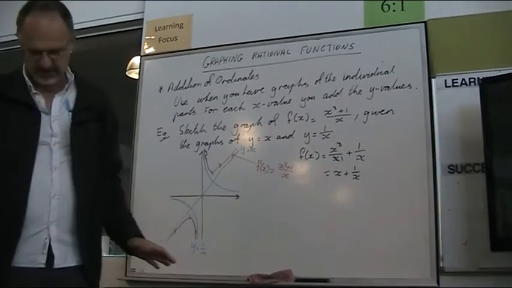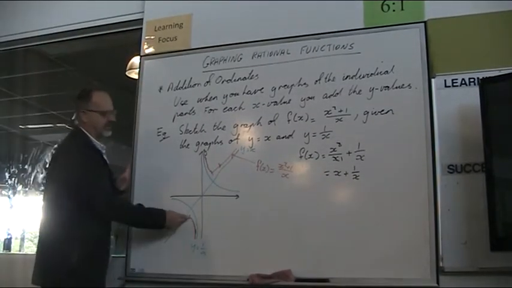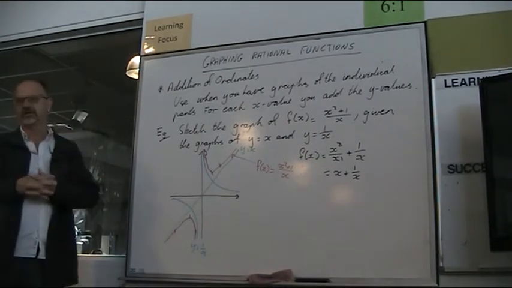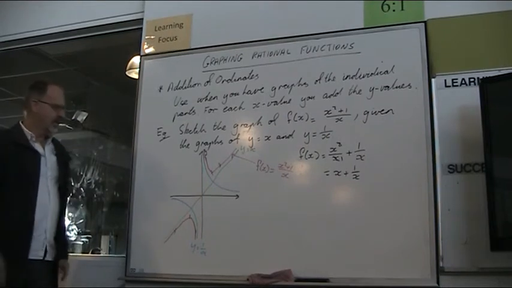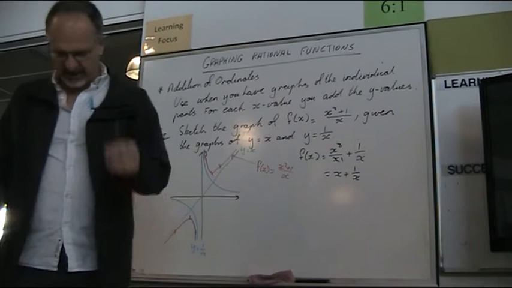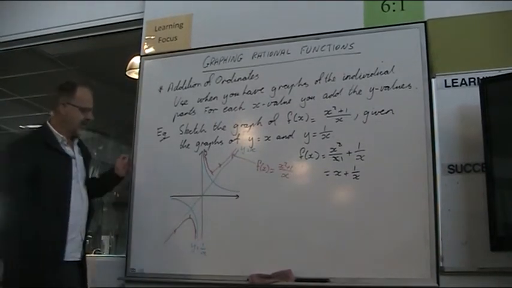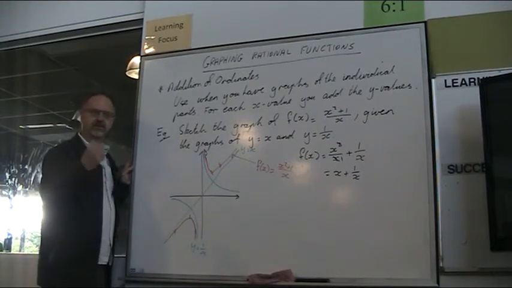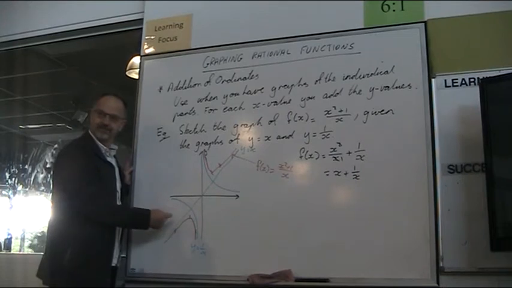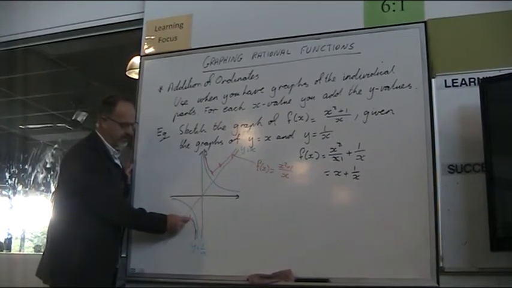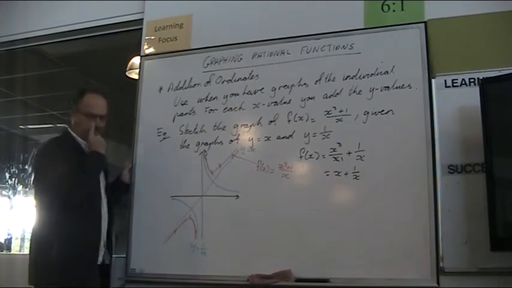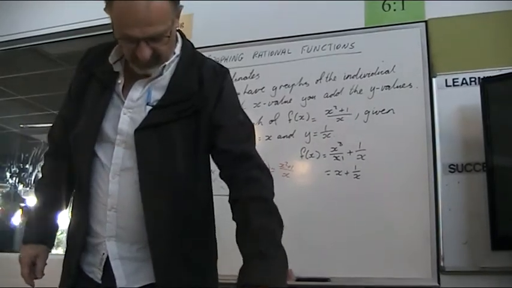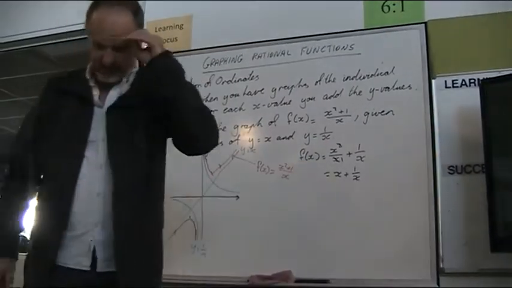Alright, so we've got some stationary points there and there, but this addition of ordinates is not going to tell us exactly where they are. If we want to find exactly where they are, we can do that, because the gradient of the curve at those two points would be 0. Yeah? Or any points of inflection that there might be as well.